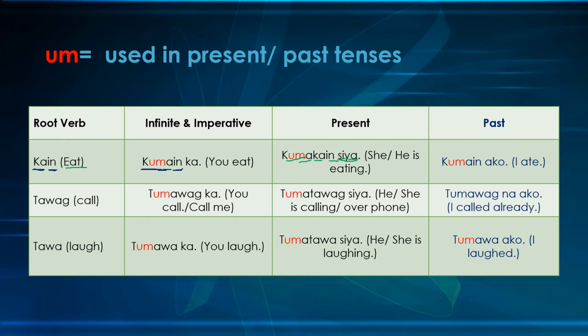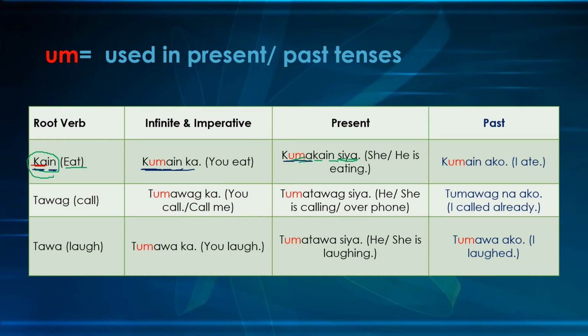I've already given you a glimpse of this kind of pattern lately. If you can still remember, the root word is still present, but the first syllable, which is ka, is being repeated. So there's a double ka in this example. Here we have kumain, right?